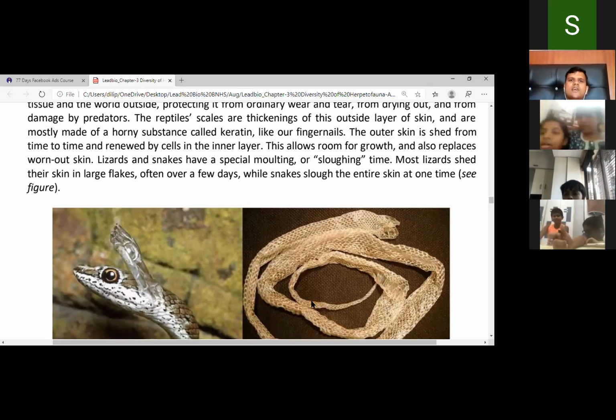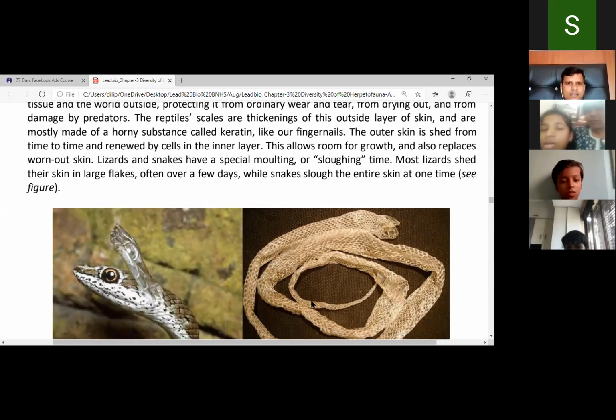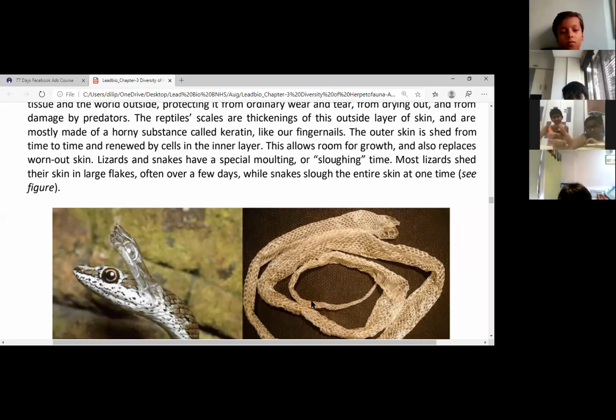Yes. So not just snakes, but all other reptiles like lizards, a lot of geckos also shed their skin like snakes. पर हमको स्नेक स्किन के बारे में पता होता है, बाकी का नहीं सुने देते, बट बाकी रेप्टाइल्स भी अपने स्किन को शेड करते हैं. इधर लिखा हुआ most lizards shed their skin in large flakes.